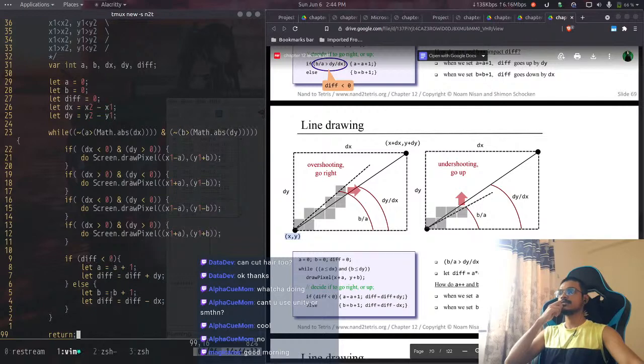So increasing A and B will only work if both are increasing.